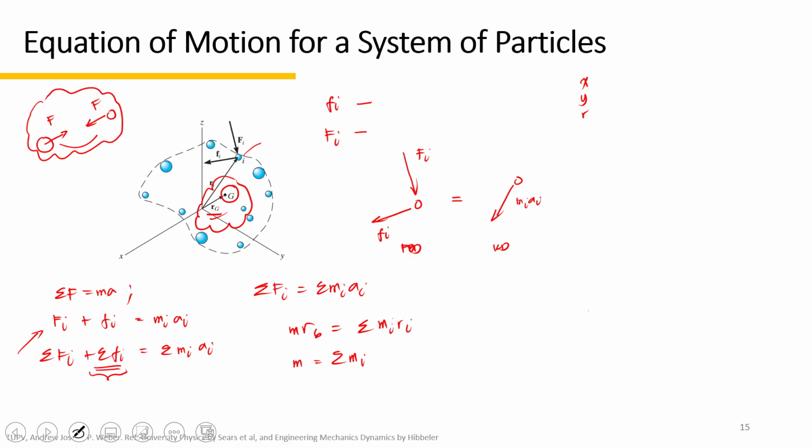Now, assuming there are no particles entering or leaving the system, differentiating this equation twice would result to m a_G equals the sum of m_i a_i.